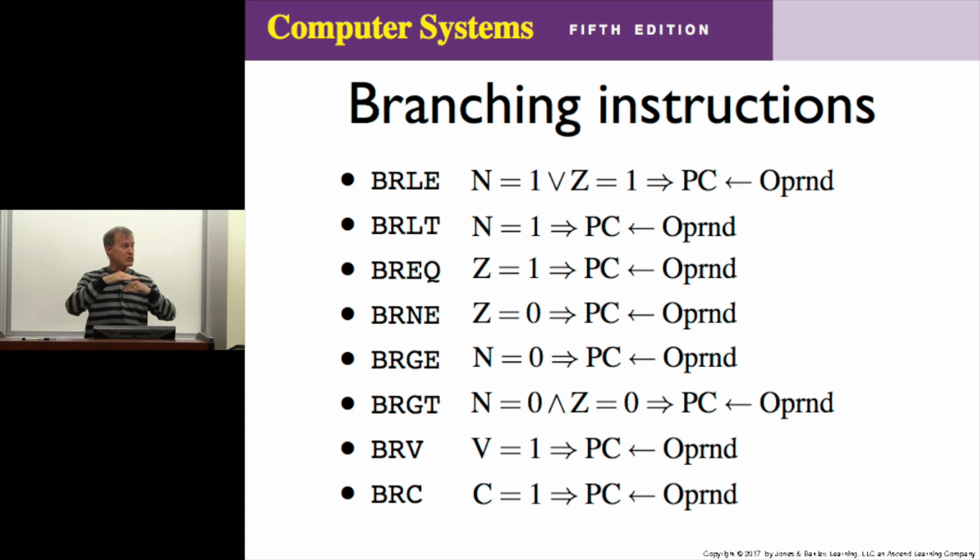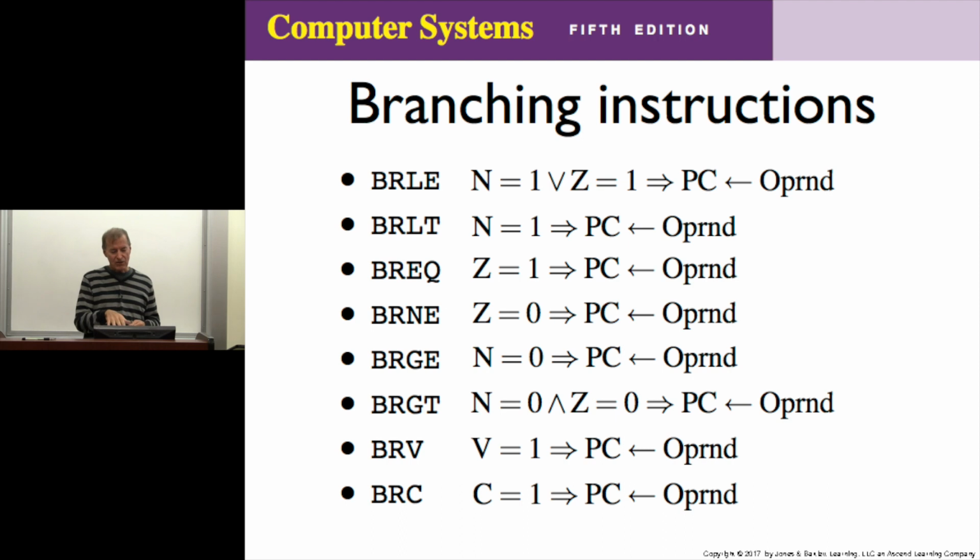So anytime you use one of these branching instructions at assembly language, you have to think to yourself, what instruction went before that would set those bits so that there would be a meaningful test for the conditional branch instruction. Is everybody clear on that? You can't just do a conditional branch without something before setting the N bit and the Z bit accordingly.